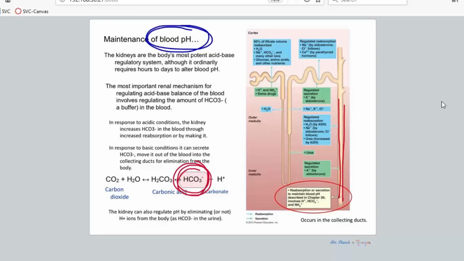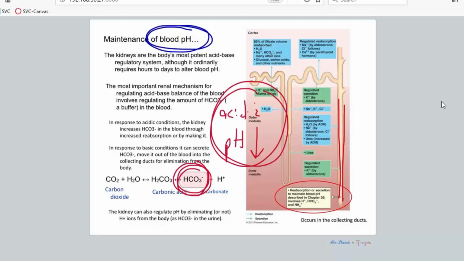And what's going to happen is if the pH of the body is too low, it's too acidic. Okay, obviously that's a problem. And in response to that, the collecting ducts are going to produce this bicarbonate ion and ship it out into the blood. Well, how's that going to help our situation here?